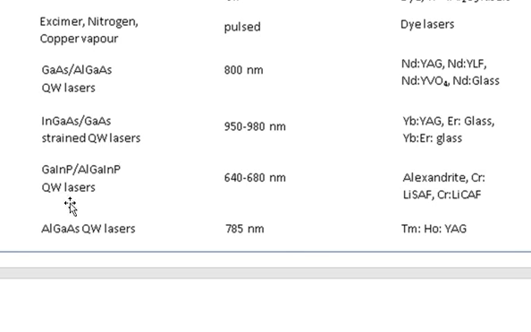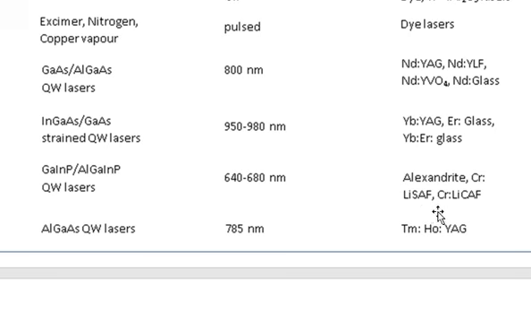Next we have GaInP and aluminium GaInP quantum well lasers. These operate in the range of 640 to 680 nanometer, and the lasers pumped by them are the alexandrite, chromium LiSAF, and chromium LiCAF lasers.